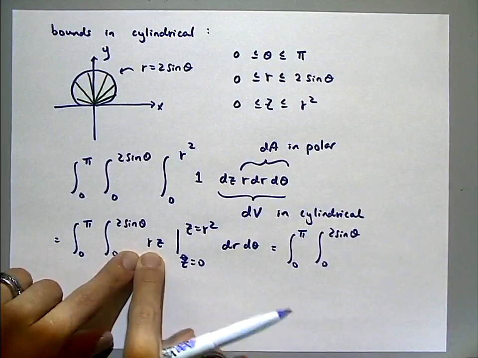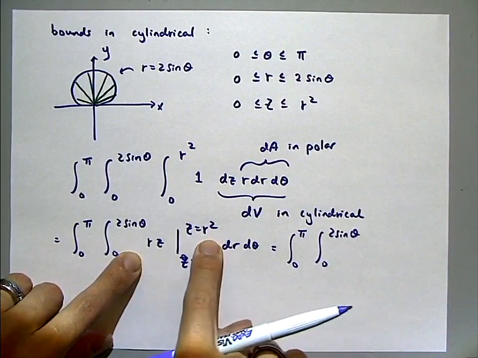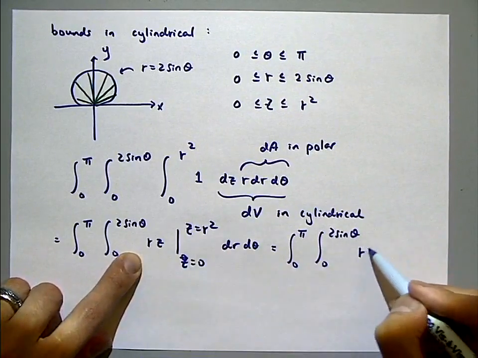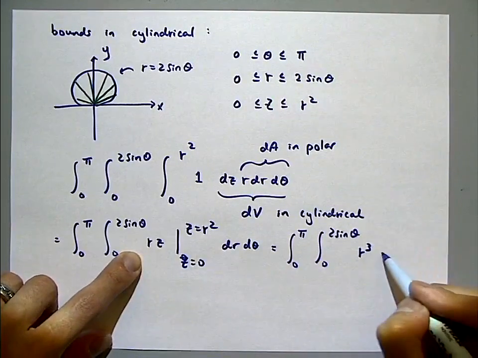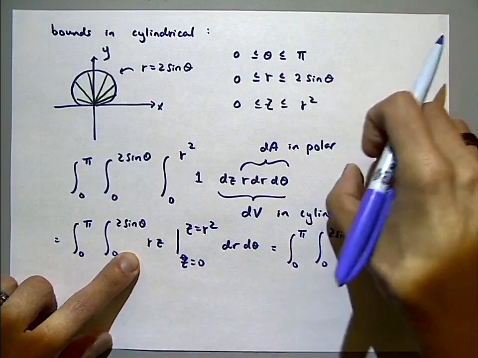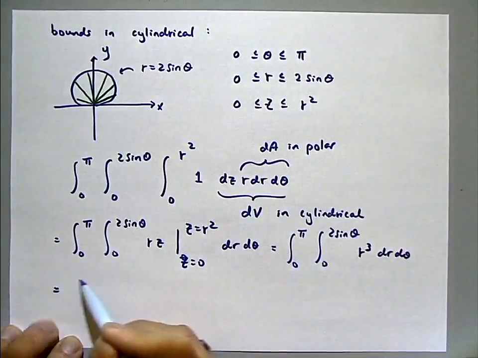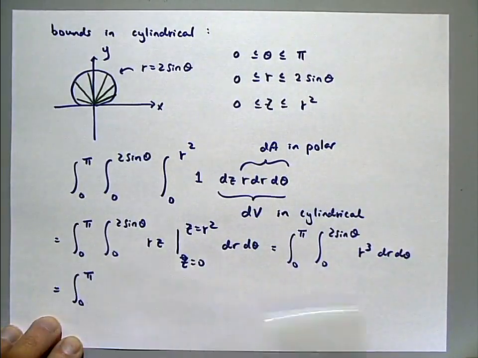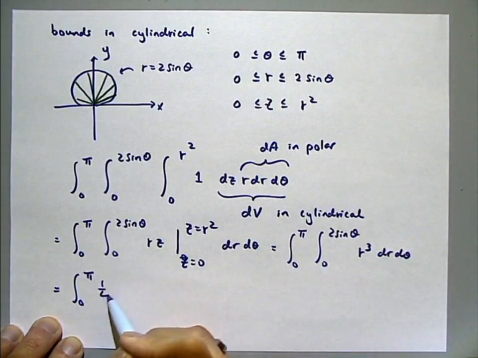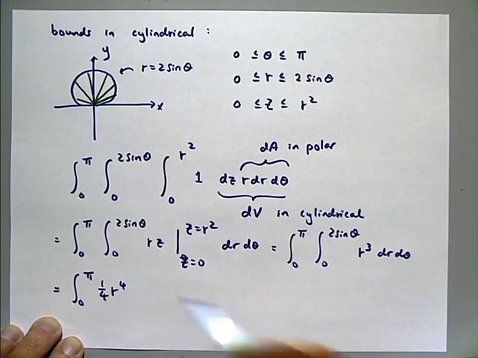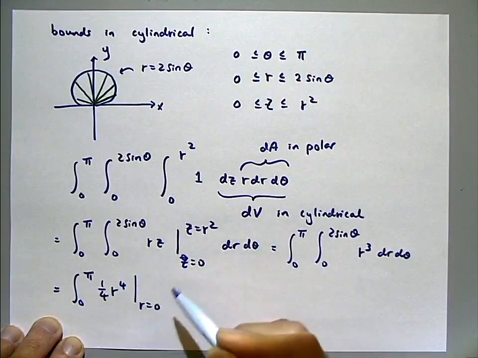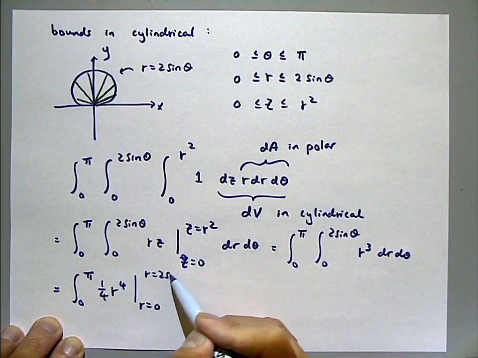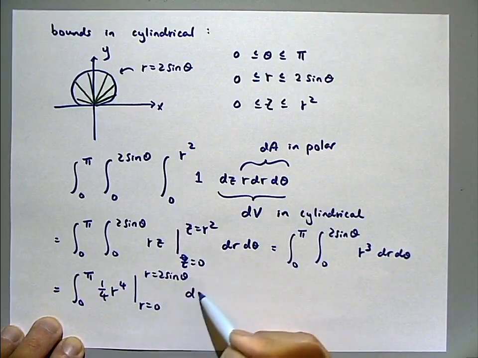And then here we get r cubed, dr d theta. Next round, we get 0 to pi, 1/4 r to the 4th, and r is going to go from 0 to 2 sine theta, d theta.